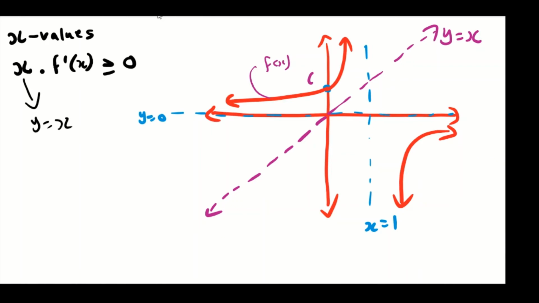So let me just label here 0 and 1. In which point of this graph will we have a point where the gradient multiplied by a certain value of x will give us a positive solution of y? So we need that point.